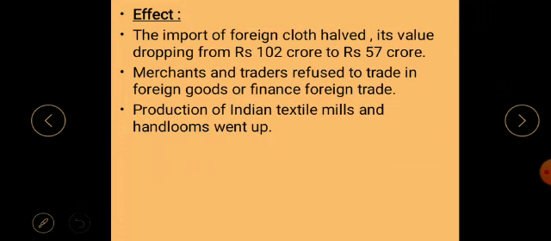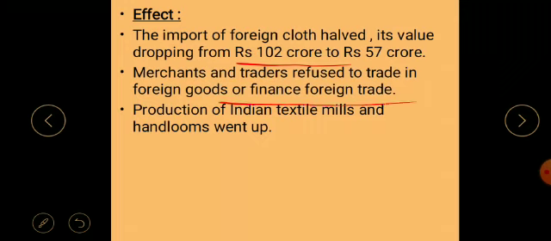Now, the effect: the import of foreign cloth halved in value, dropping from rupees 102 crore to 57 crore. Similarly, merchants and traders refused to trade in foreign goods and finance foreign trade.